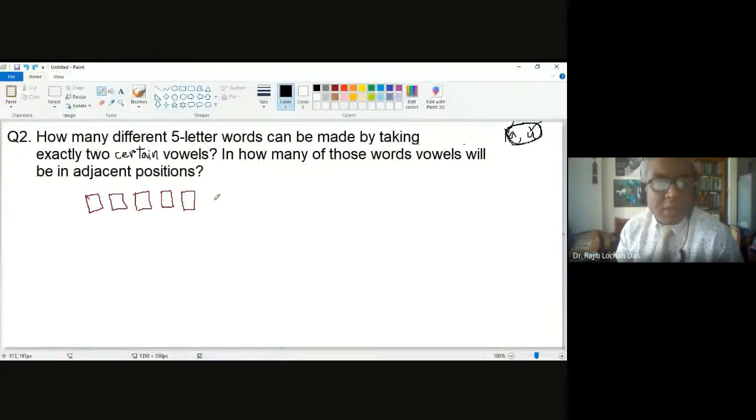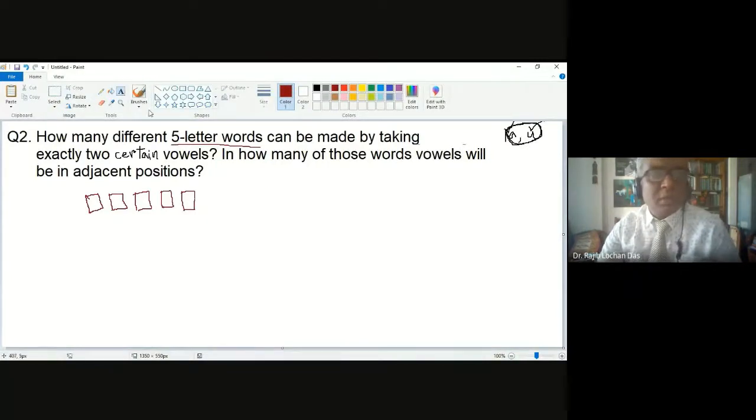So it will be like 5p2. Do you understand 5p2 now? Try to think about this. We are saying there are 5 positions because it is a 5-letter word, but we are putting two specific vowels in 5 boxes, and this is possible in 5p2 ways.